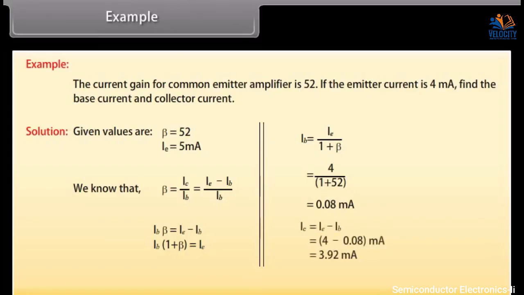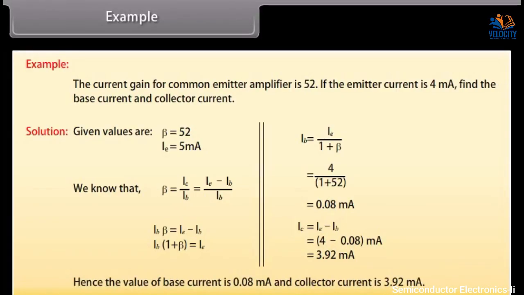We know that IC is equal to IE minus IB. Now putting the values in the expression and calculating, we get IC equal to 3.92 milliampere. Hence the value of base current is 0.08 milliampere and the collector current is 3.92 milliampere.